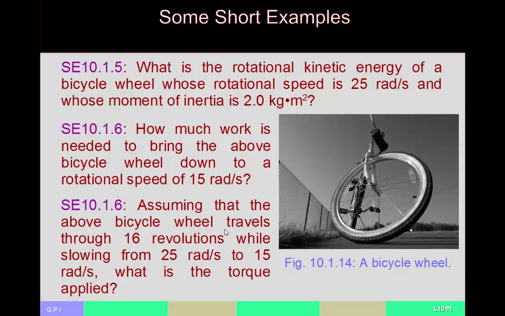All right, now let's assume that the bike is actually traveling through 16 revolutions while slowing from this rate. So the question is, what torque must have been applied in order to get from 25 radians per second to 15 radians per second over a course of 16 revolutions?